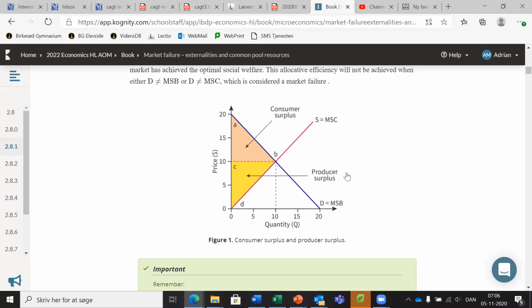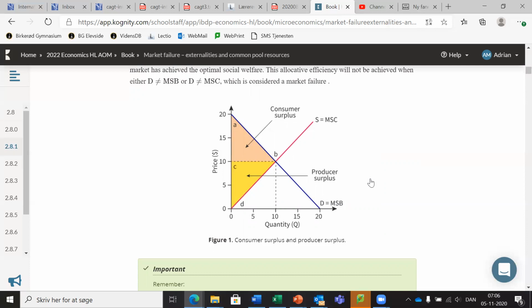But basically, when we talk about market failures, it is anytime we don't achieve this point B. What is point B? It's when supply is equal to demand, and our true supply equals demand. So supply is equal to the MSC, the marginal social cost. The supply curve truly reflects the cost to society, and the demand curve truly reflects the benefit to society.